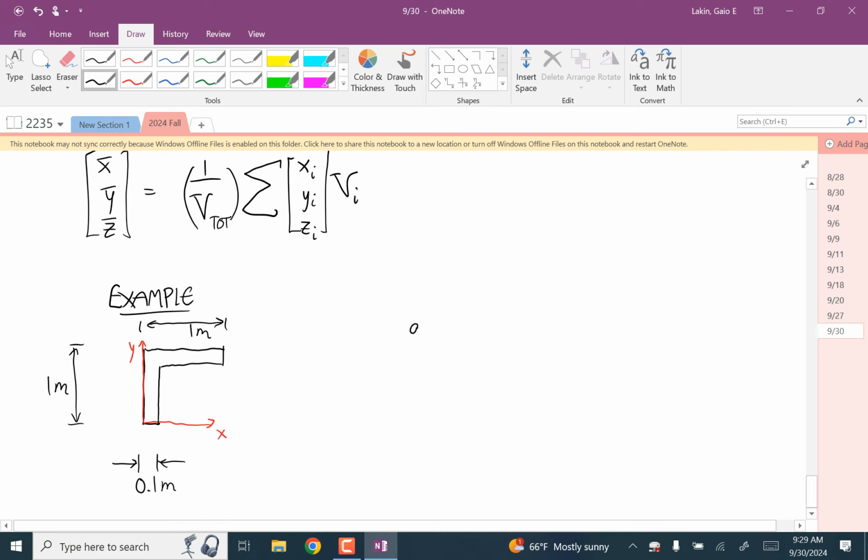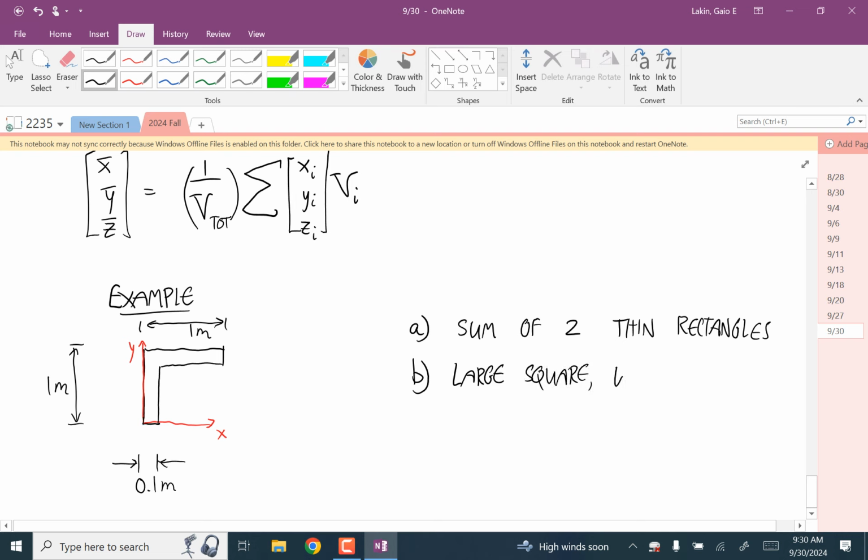I'm first going to do it as a sum of 2 thin rectangles. And then second, I'm going to do it as a large square with a smaller square removed.